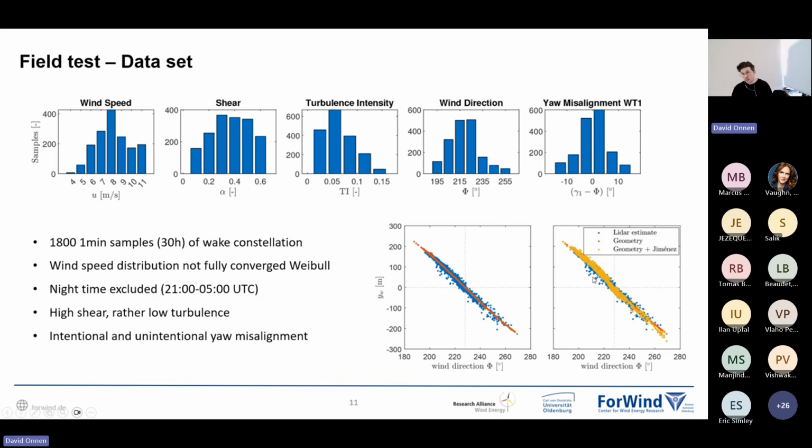And on top of that, these are just scatters. They are not necessarily congruent in time. So takeaway from this plot is the LiDAR estimates help to give a reasonable assessment or reasonable reference for the fluctuating wake position.